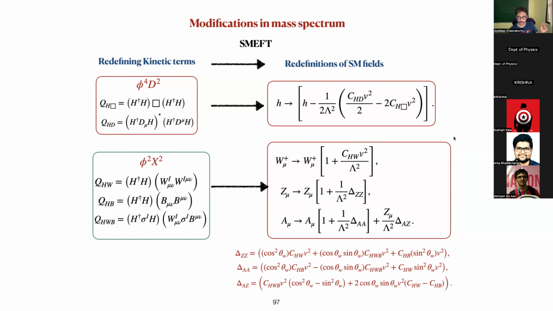Now you have an additional contribution, so the A_mu, Z_mu matrix also has off-diagonal entries. You have to rotate them and go to A_mu prime, Z_mu prime. And that's why, as I'll discuss in tomorrow's lecture, the Weinberg angle that you calculated initially with the renormalizable Lagrangian is modified. With the old Weinberg angle, you cannot diagonalize the neutral gauge boson mass matrix. You have to use the new Weinberg angle. That's why the Weinberg angle is also modified.